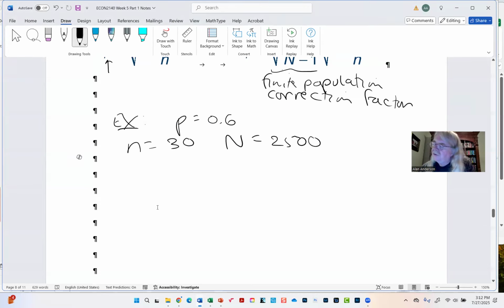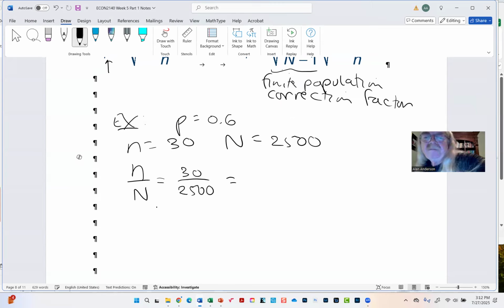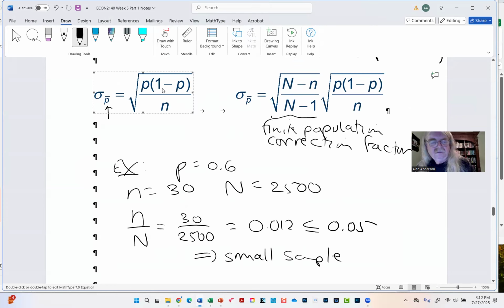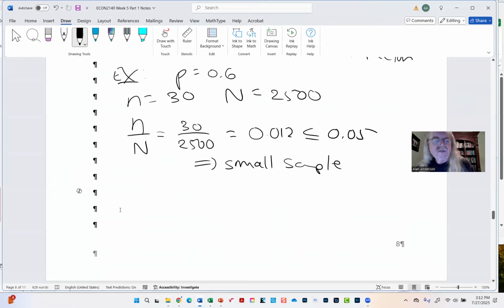So that ratio is 0.012, which is again less than 0.05. So this is once again a small sample. And that means that we're going to use this formula, the standard deviation.